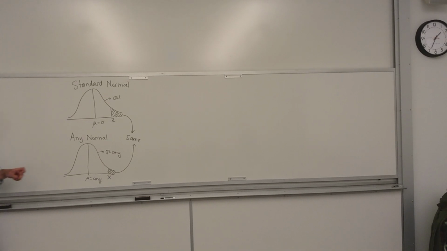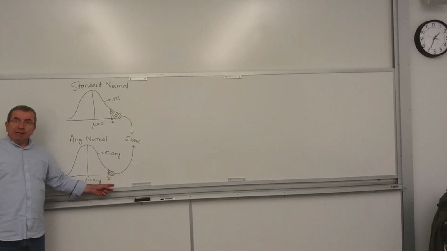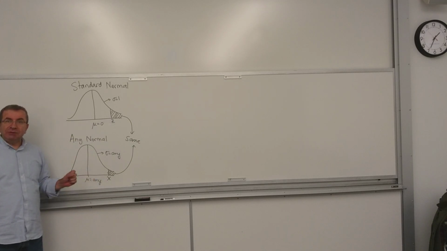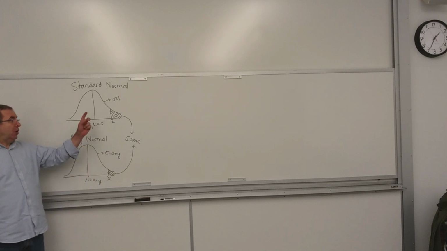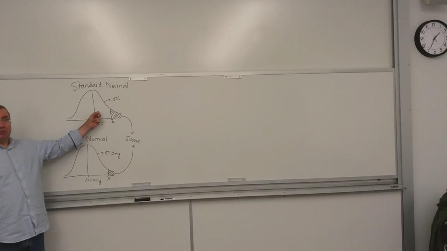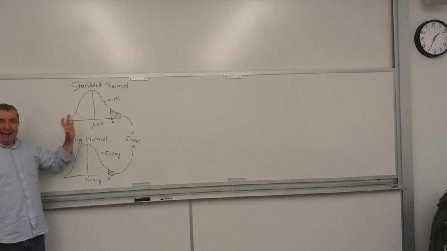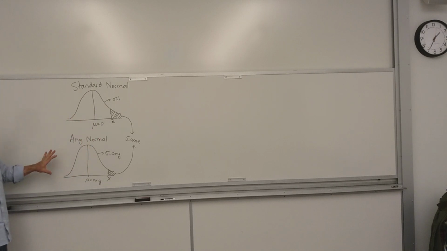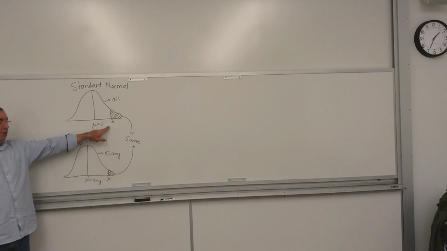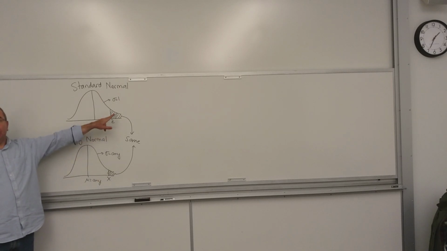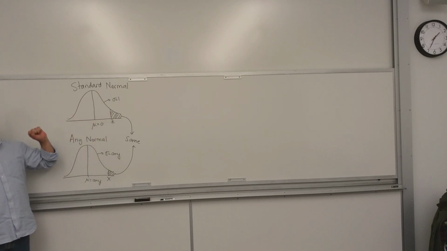So we don't know the probabilities for any normal distribution. We only know the probabilities for the standard normal distribution. But that is fine because from any normal distribution, we can go to the standard normal and we can find the probability.